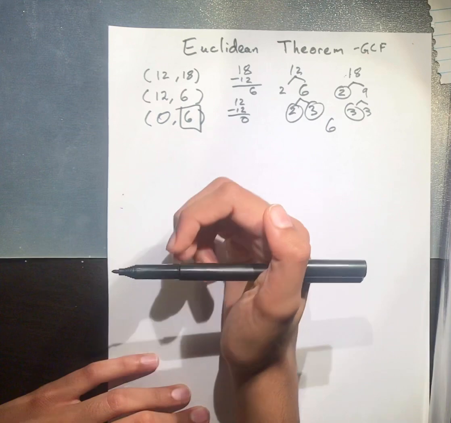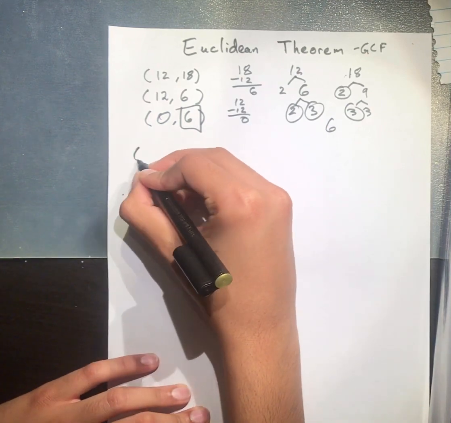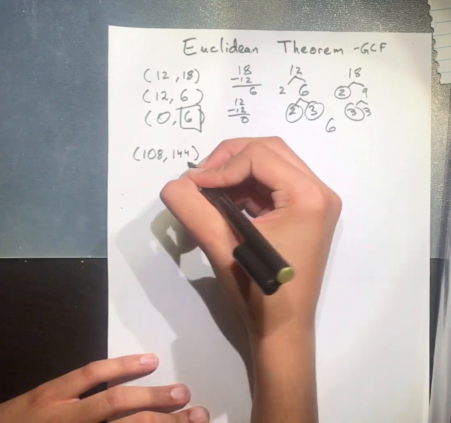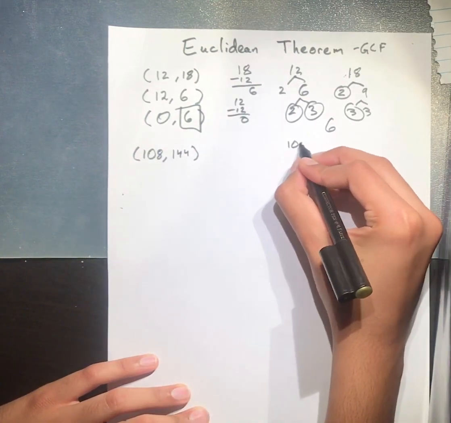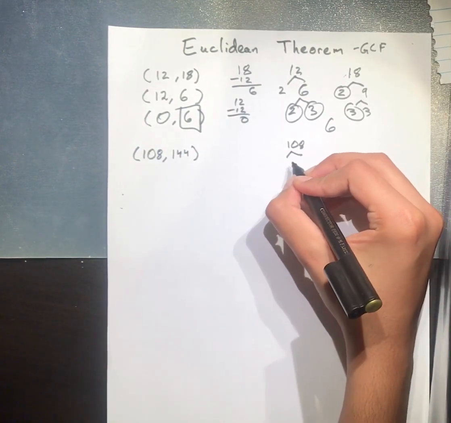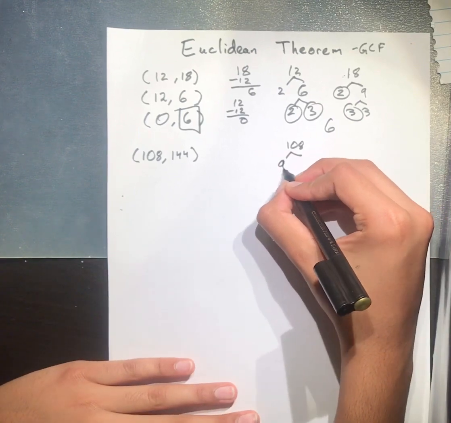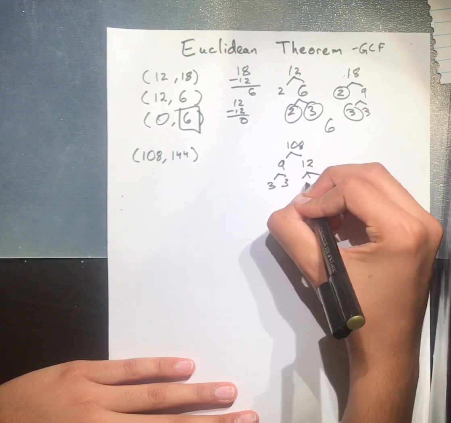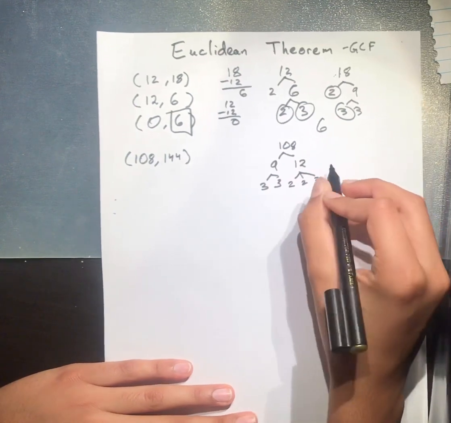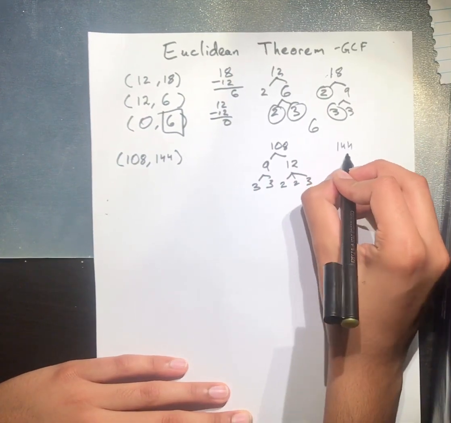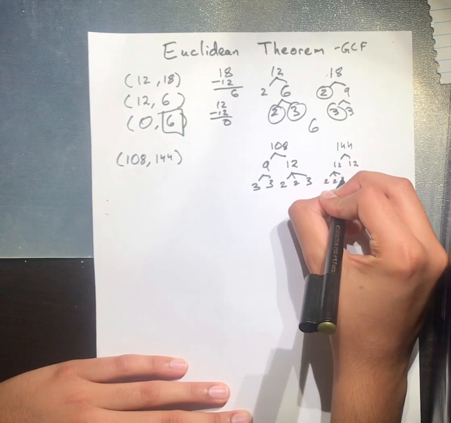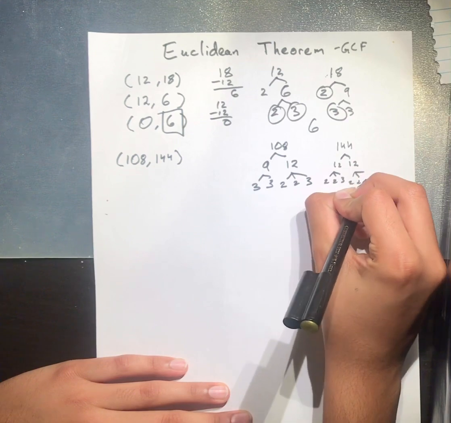So now I'm going to go on to a little bit more difficult example: 108 and 144. We're going to start by figuring it out the factoring way, to make this work both ways. 108 is 9 and 12, 3 and 3, 2, 2, 3, and then 144 is 12 and 12, 2, 2, 3, 2, 2, 3.